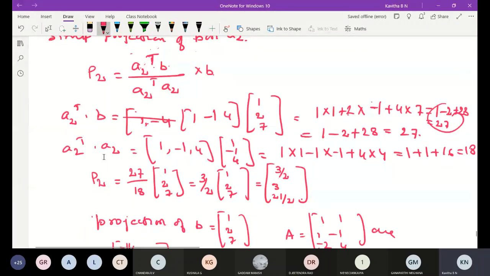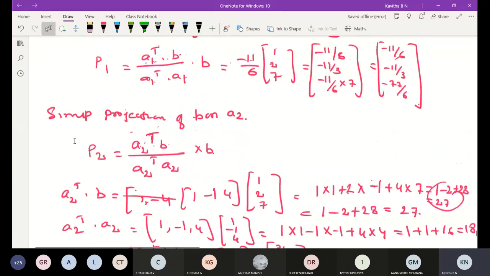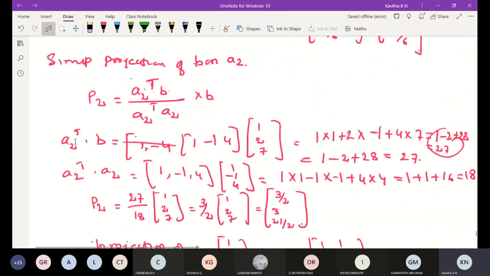Okay, any doubt in this one? You have to remember the formula here.